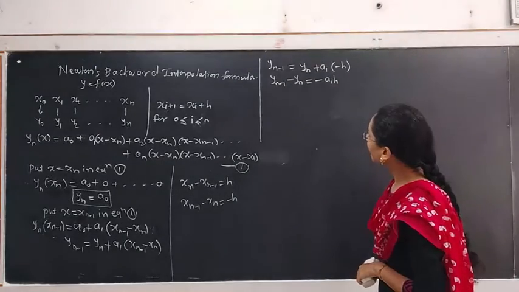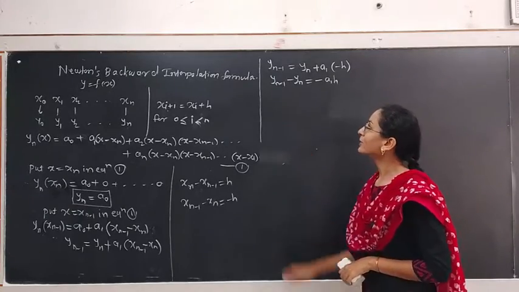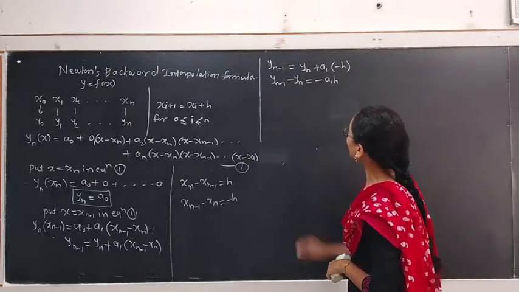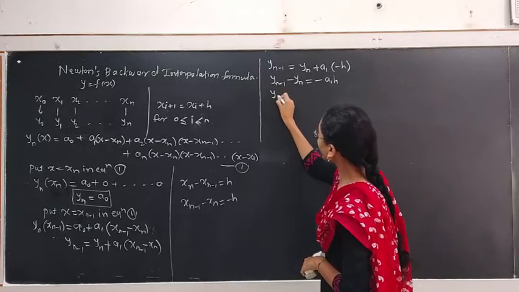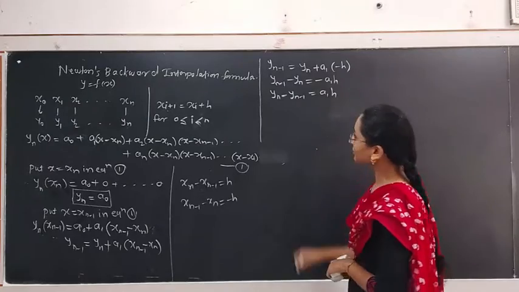See, again the value of y_{n-1} - y_n. What is this value? If we multiply this equation by -1, then we get y_n - y_{n-1} is equal to a1 h.